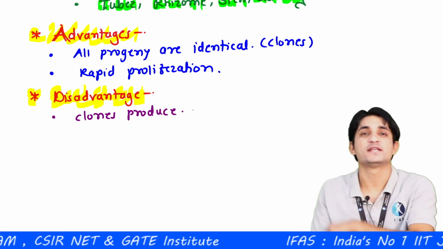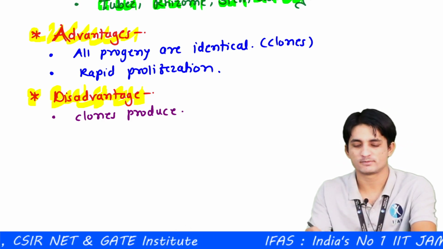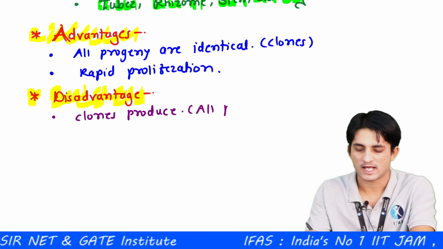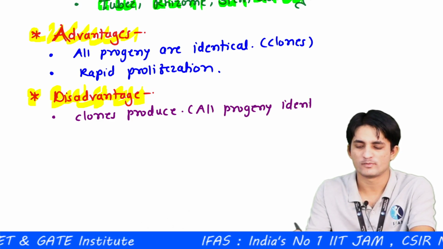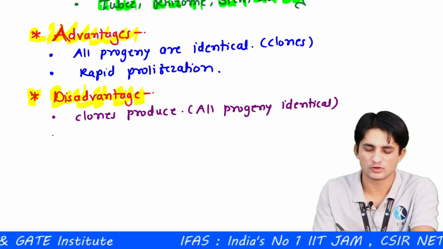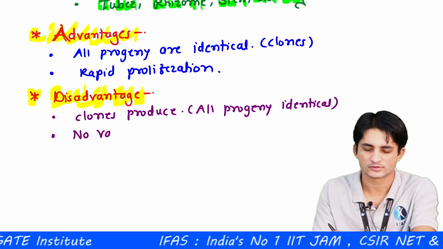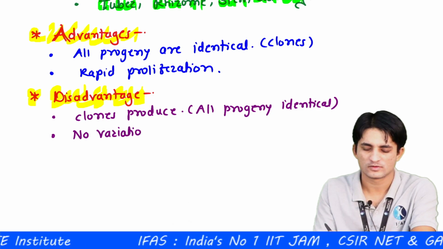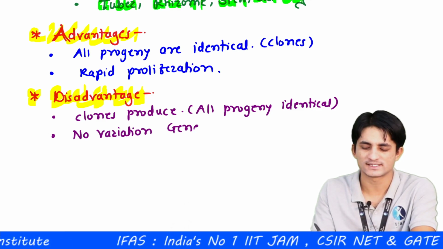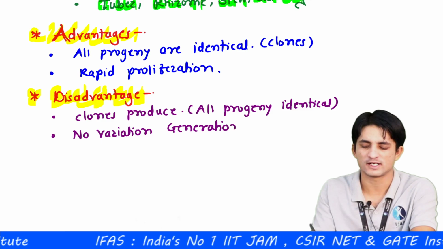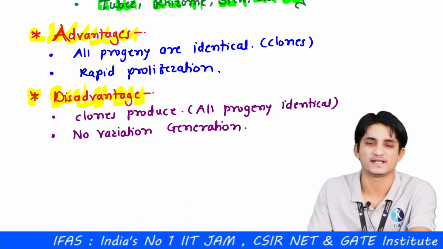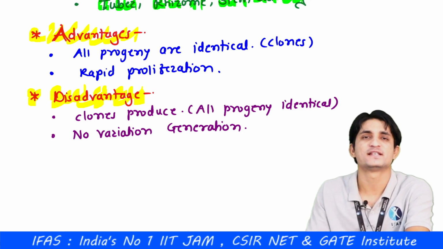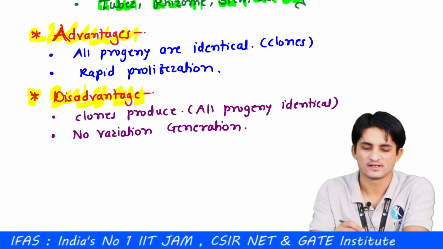So this is the major disadvantage, and clones produced means all progeny are identical, and it is because there is no variation produced. So variation generation, because here meiosis does not occur, mitosis occurs. In mitosis there is only doubling, and therefore variations are not produced, all progenies are clones.